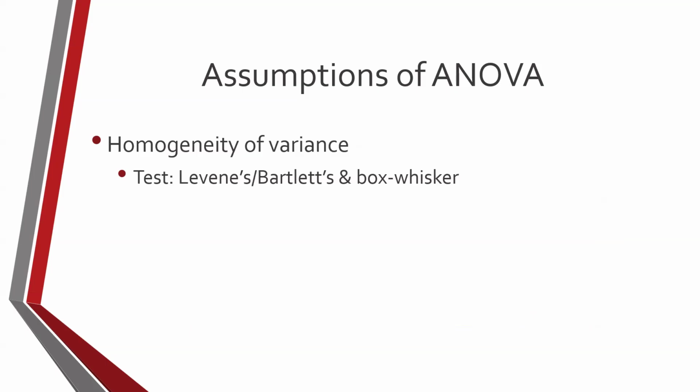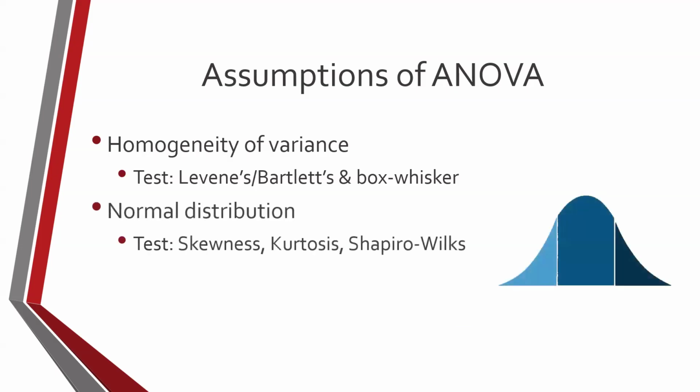To determine if this is the case, we can look at that box-whisker graph and compare the heights of those boxes. Or we could also run a statistical test for homogeneity of variance. Levene's test is generally chosen. We also have Bartlett's as well.